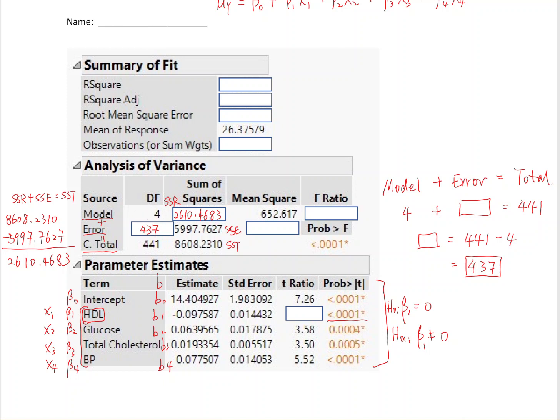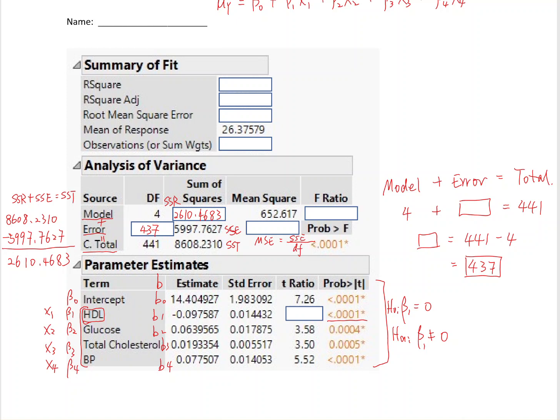Our problem is to figure out what this one is. This is MSE. How do you get MSE? The same thing: you use the SSE divided by the corresponding degrees of freedom.